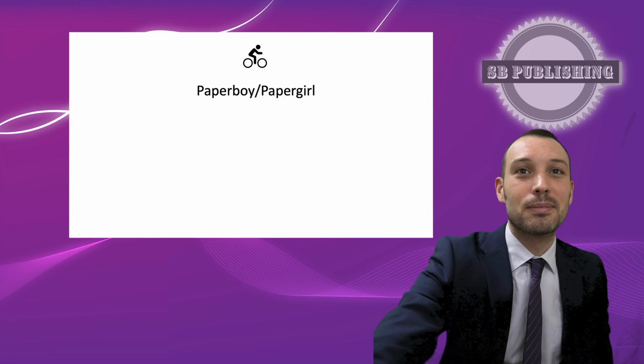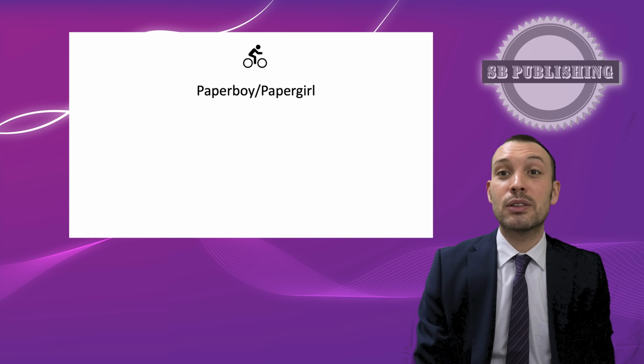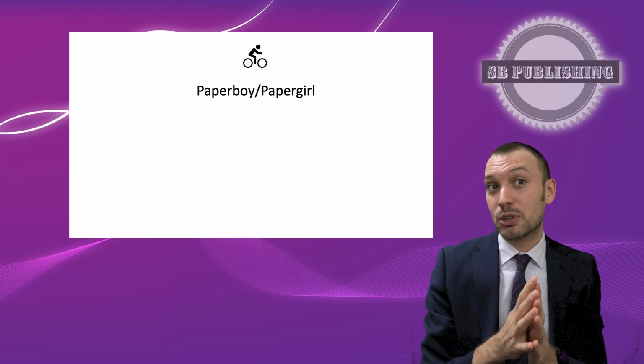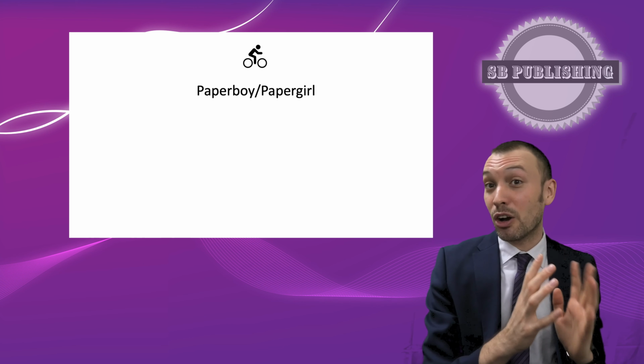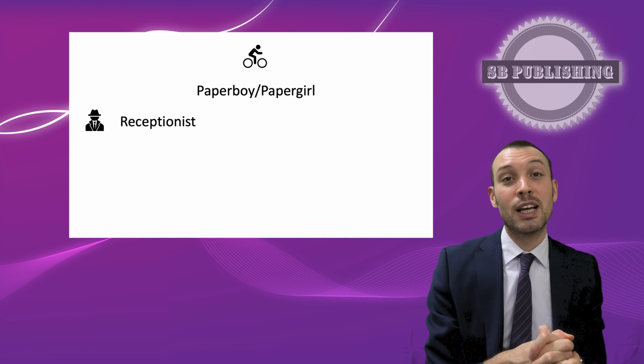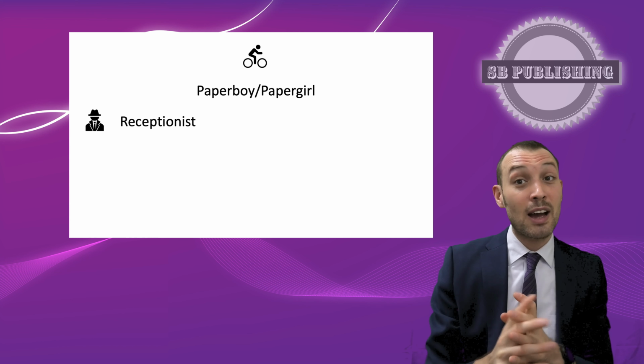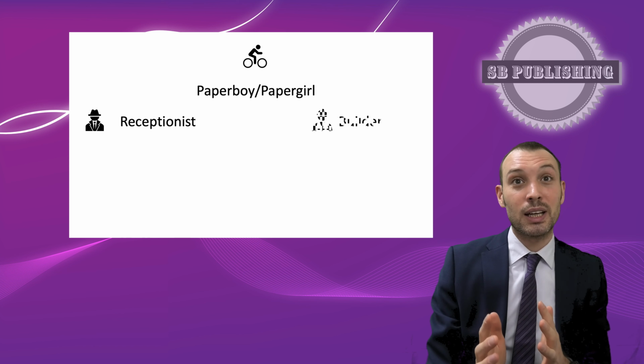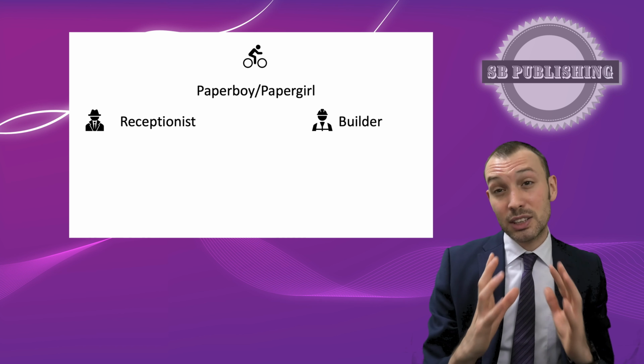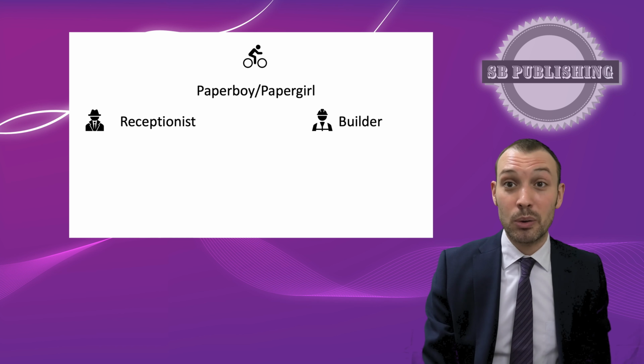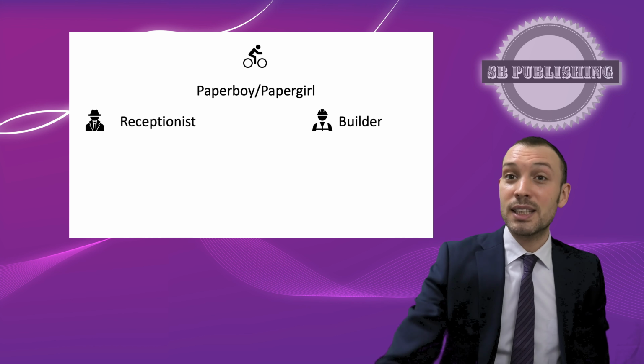But imagine that the person is hoping to get one of these 2 jobs. One of them is to work in an office as a receptionist, and the other one is to work outside as a builder.